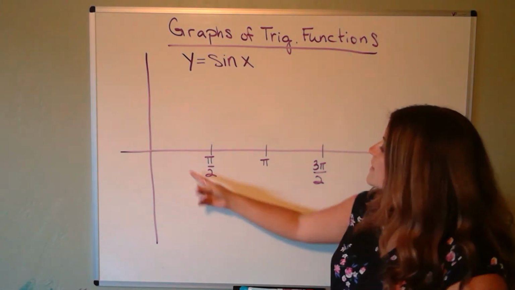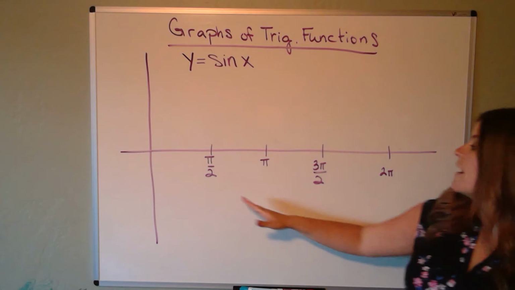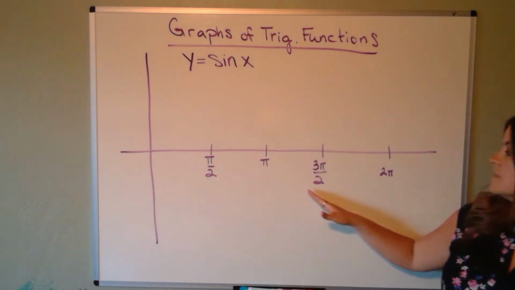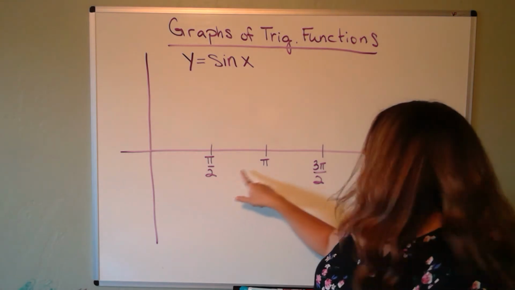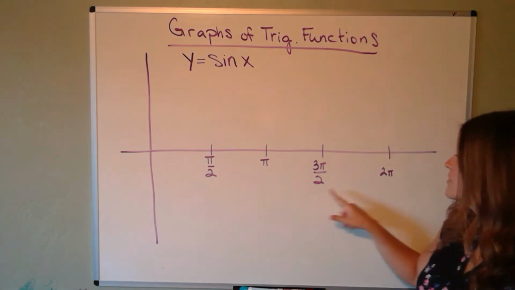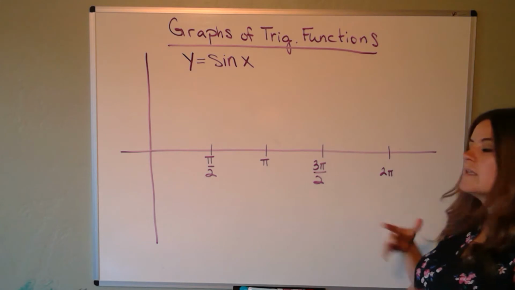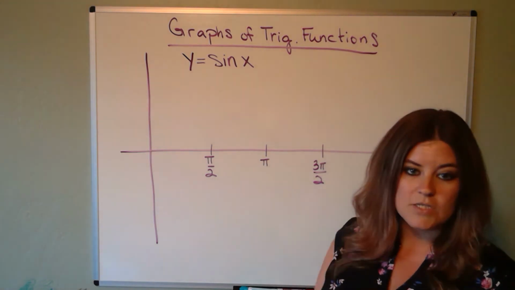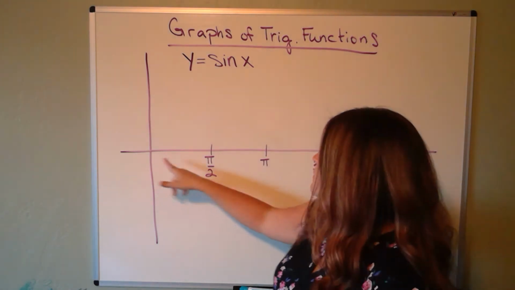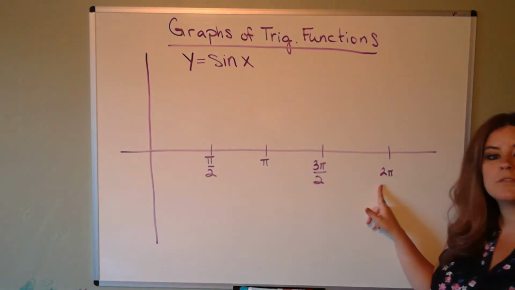So you'll notice that on my x-axis here, I have it separated into units of radians. Notice I've got pi over 2, pi, 3 pi over 2, and 2 pi. Think about the angles that we know, the ones on one full rotation, going from 0 to 360 or 0 to 2 pi.